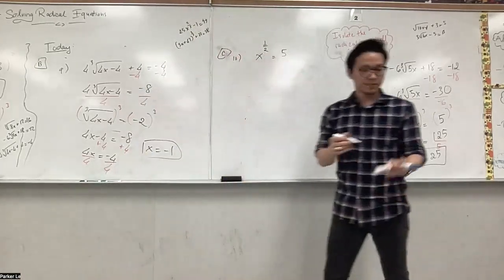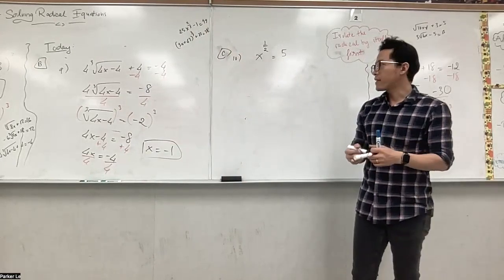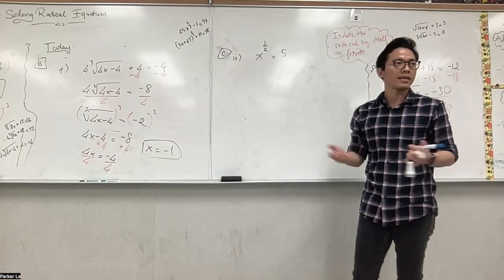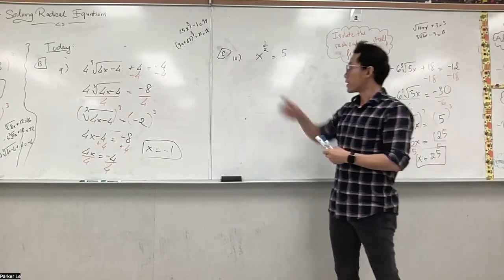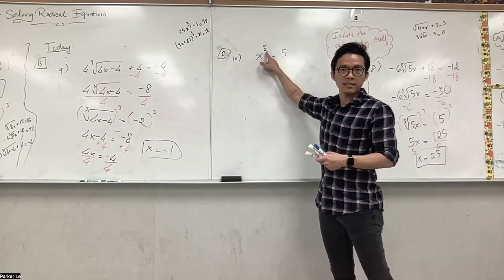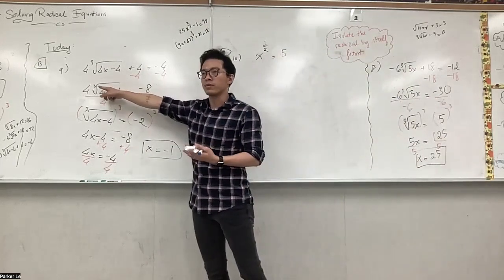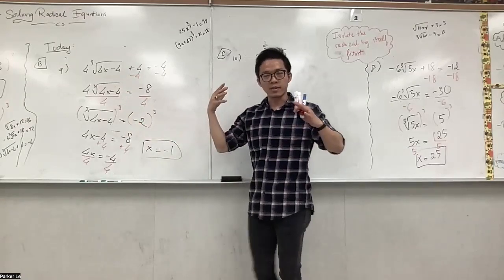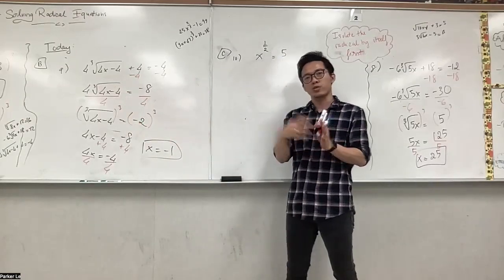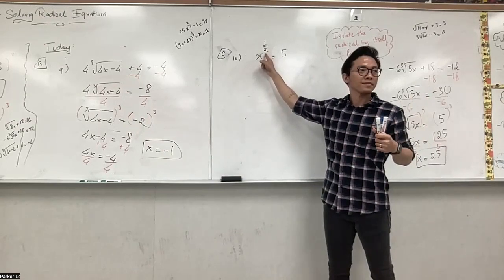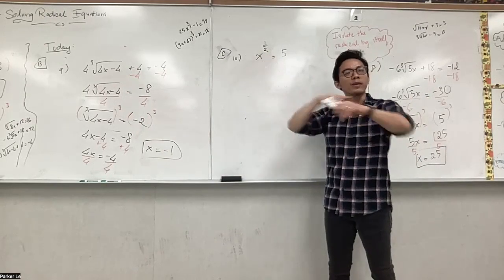Okay, number 10. What is the difference between part C and part A and part B? Yeah, now the power you have is a fraction. So the question is, how can we get rid of it? If we want to get rid of the cube root, we cube it. To get rid of the square root, we square it. How can we get rid of the 1/2? Multiply. What do you mean multiply?